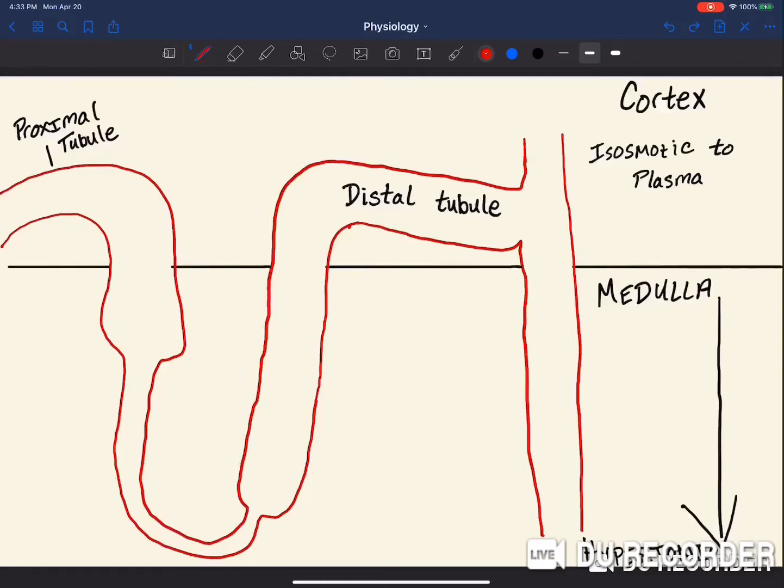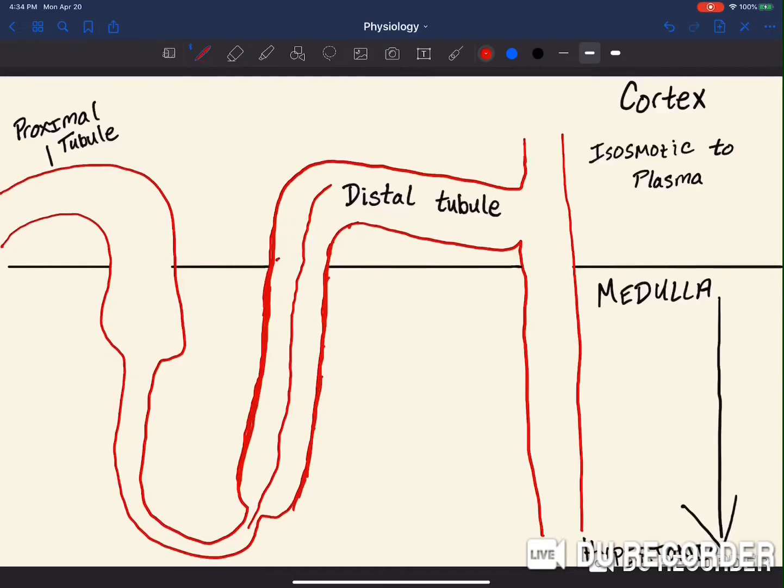But we know that the fluid is coming up through our ascending limb, right? So these walls are impermeable to water, but they allow sodium to get out.